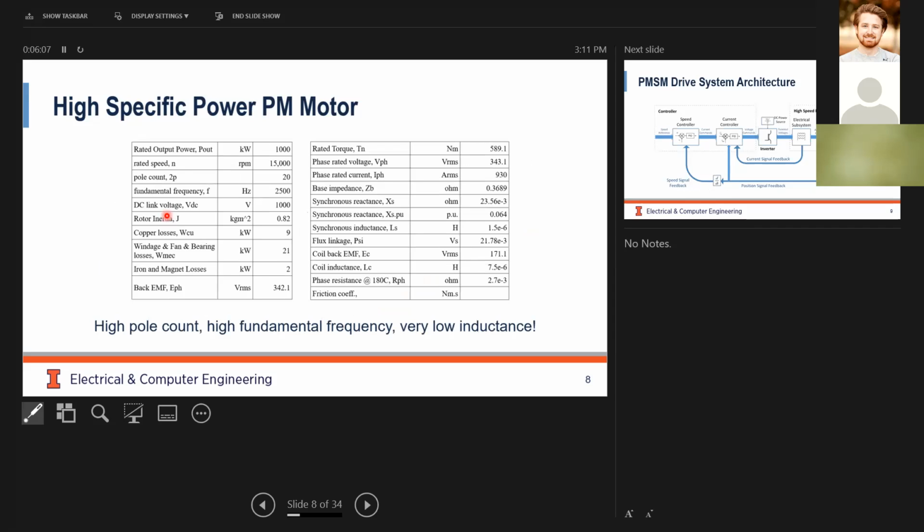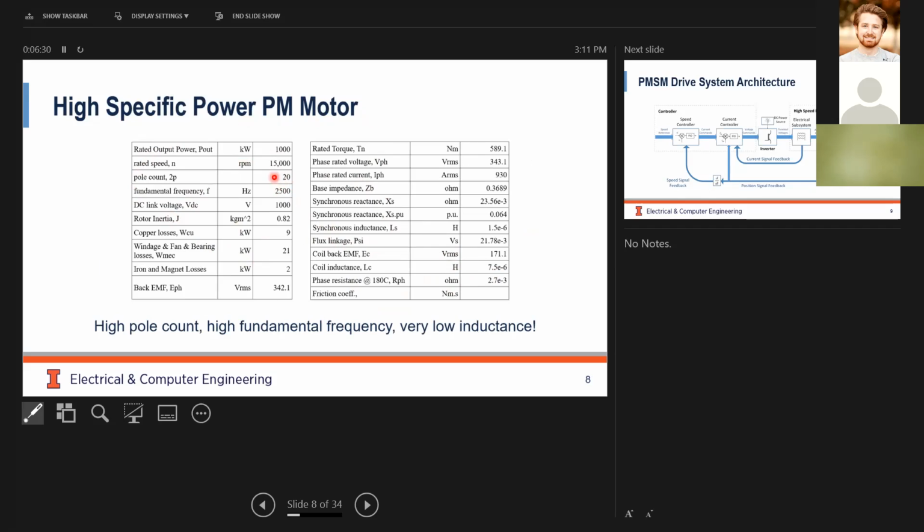This table shows the key specifications of this motor. It's a 1 megawatt motor, rated speed 15,000 RPM. The number of poles is a very special one.